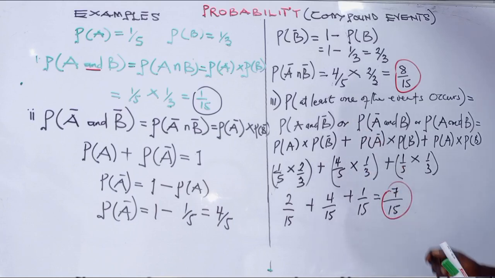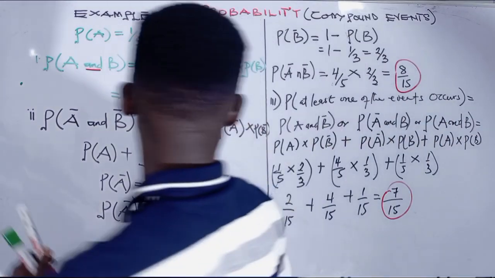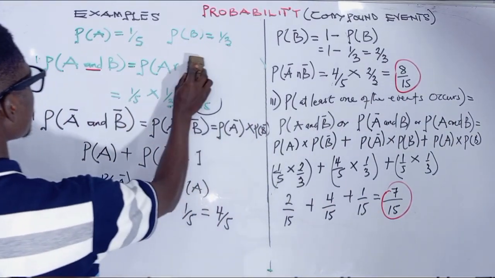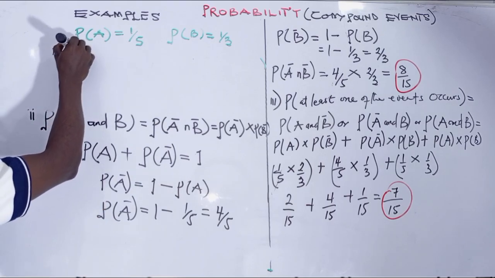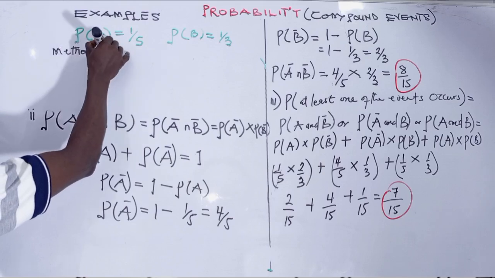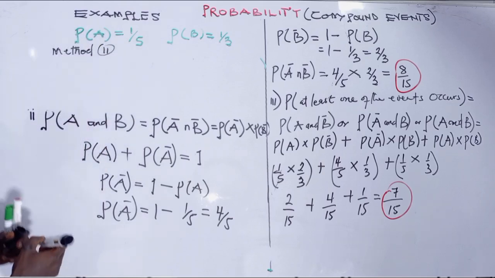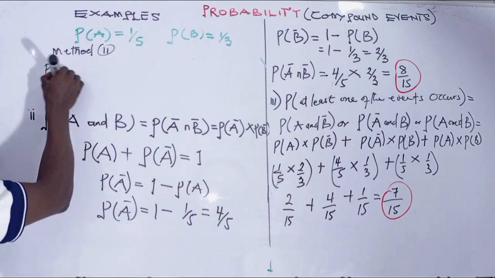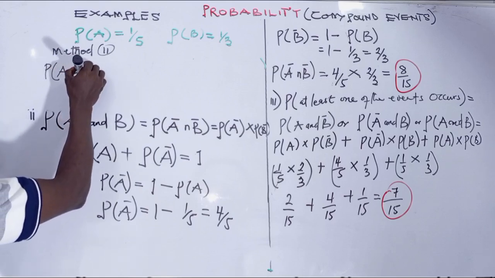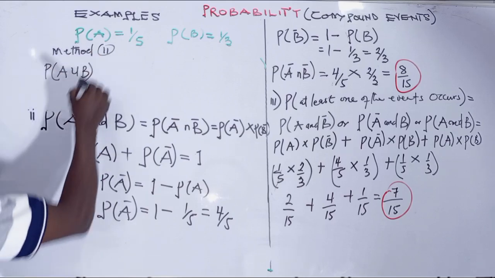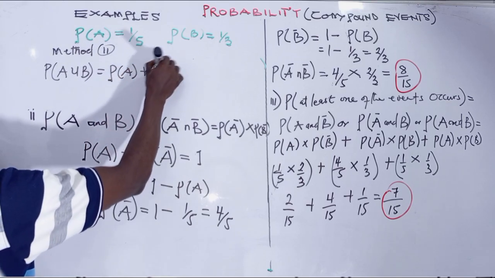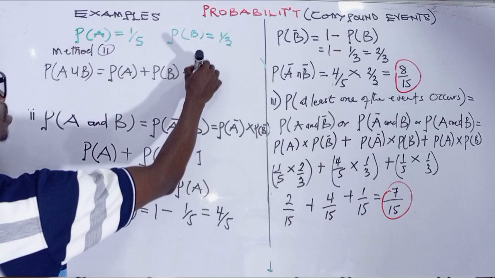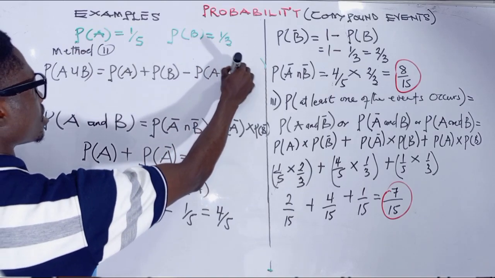Now for the same at least one of the events occurs, we can also use another method. We have method 2. We can use the addition law. So we have the probability of A union B occurring, which will be given as the probability of A occurring, plus the probability that B occurs, minus the probability that A and B occur.